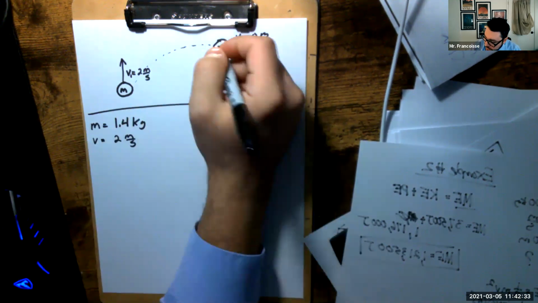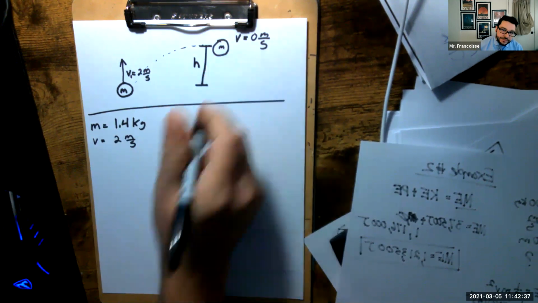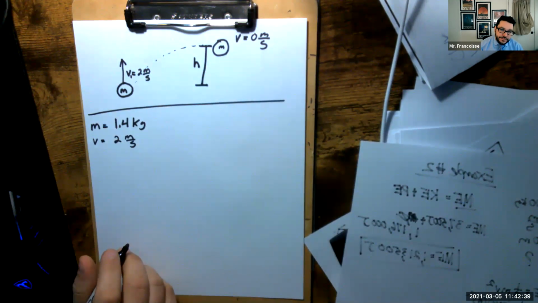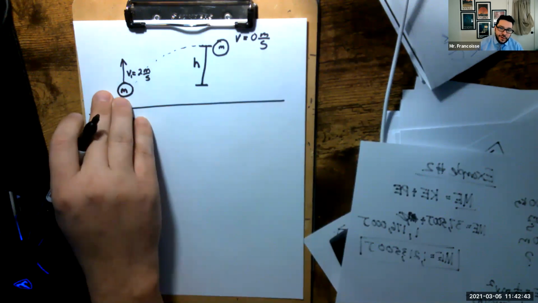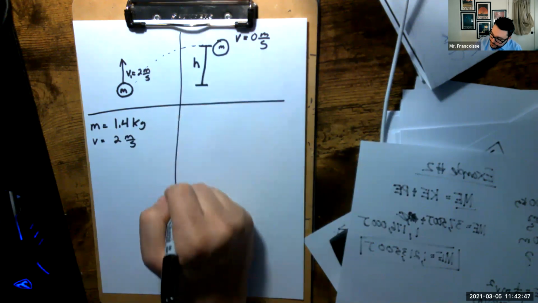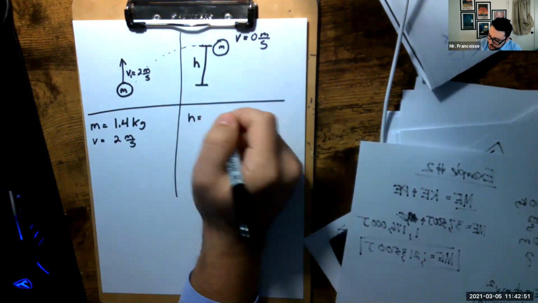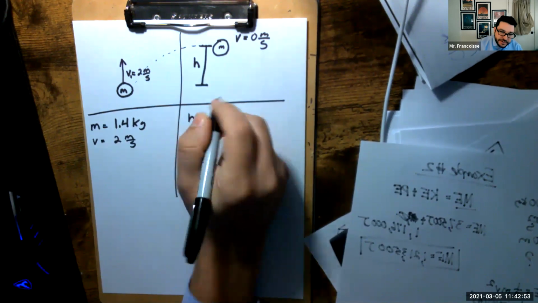We know that this is going to go up by some height h. And that's kind of our before and after. So if we split it, we have some height that we don't know. We'll call this 2 because this is at the end.